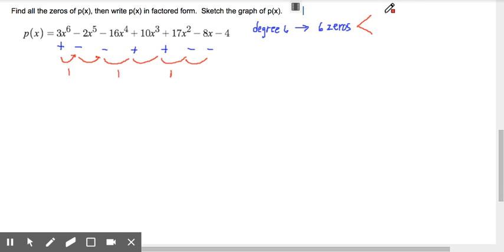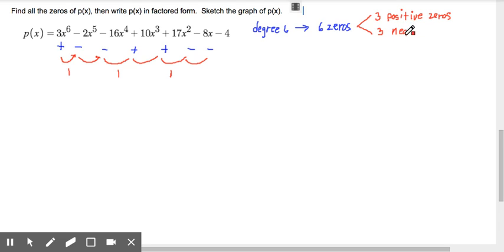The number of sign changes is equal to the number of positive zeros. So therefore, we expect to see 3 positive zeros. And therefore, since there are 6 zeros altogether, 3 are positive, the other 3 can only be negatives.